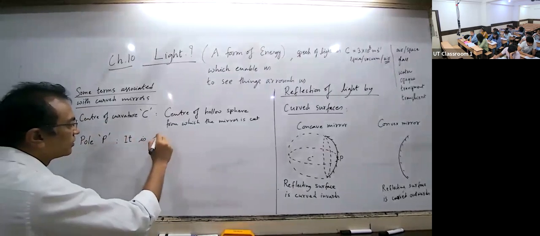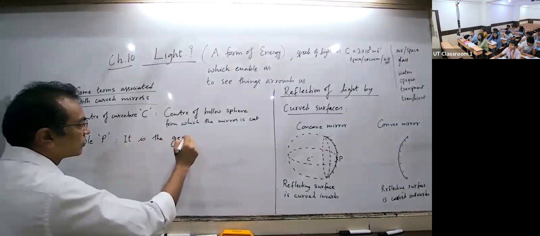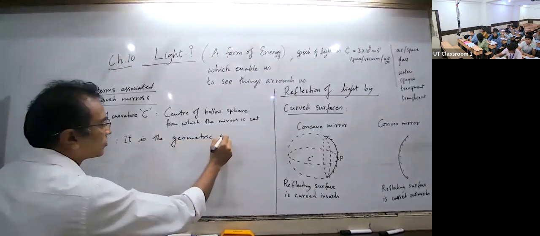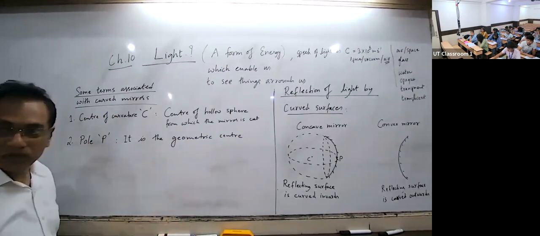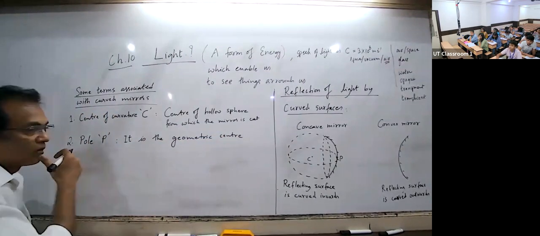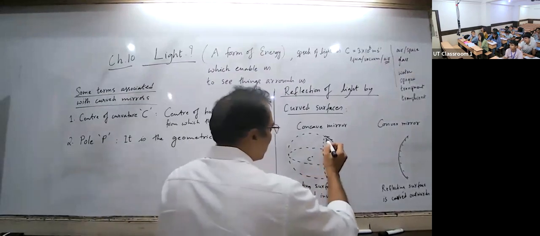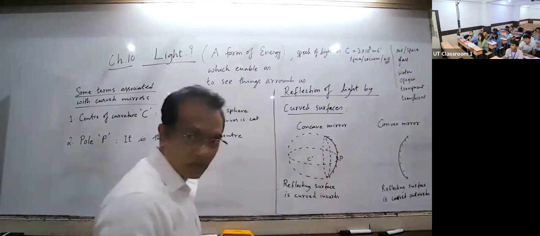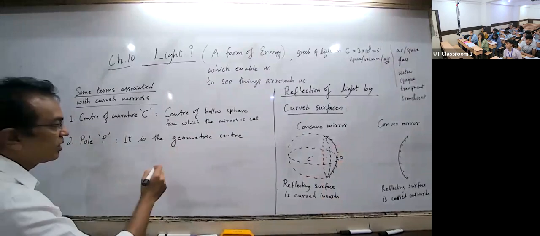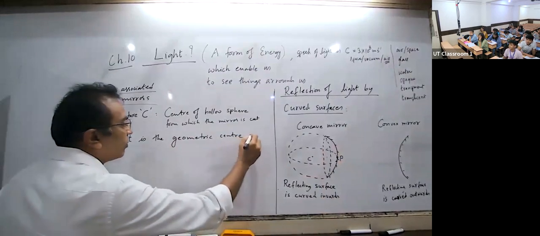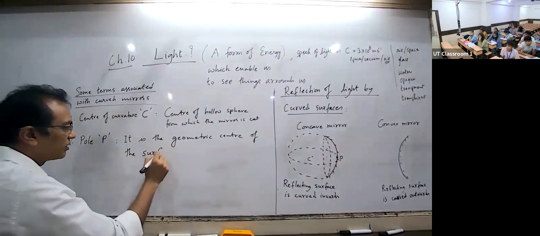It is the geometric center, because it is an object, so an object can have one center. So it is the geometric center of the surface of the mirror.